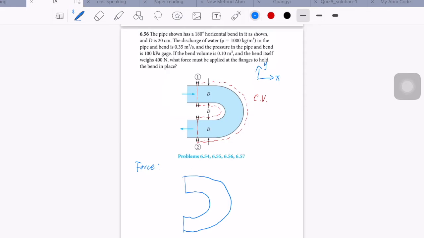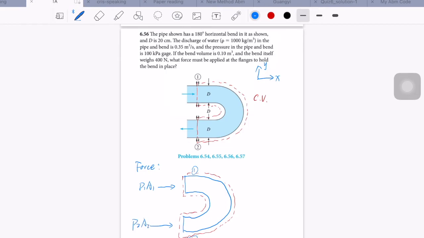Section 1, section 2. From the problem, we know there is pressure force P1 A1 at section 1, and there is pressure force P2 A2 at section 2.